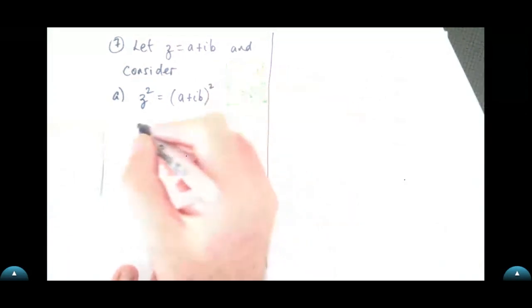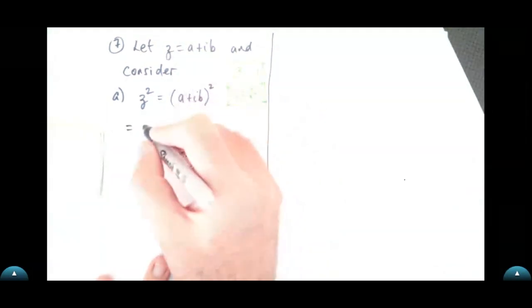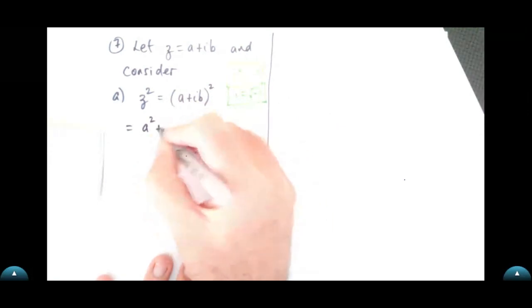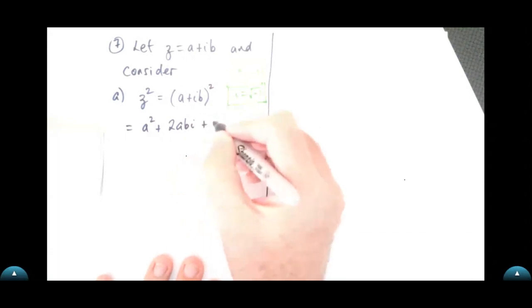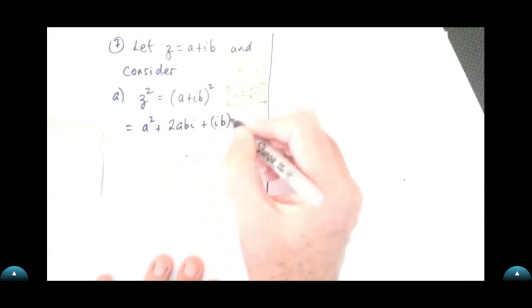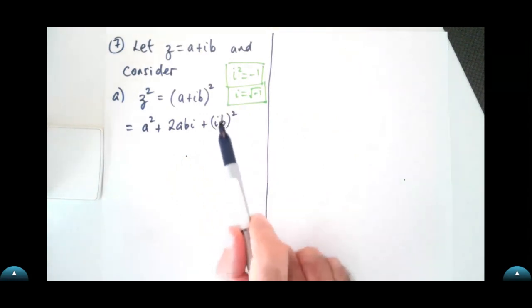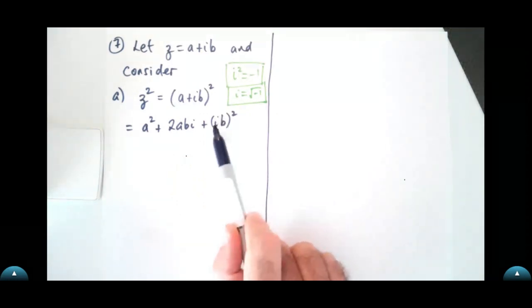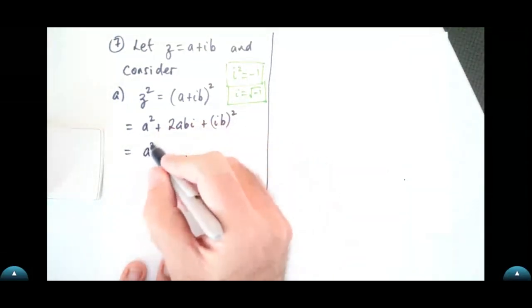So we square that. So it's going to be a squared plus 2 times abi plus ib all squared. Okay, and so with i squared equals -1, this will actually become -b squared.